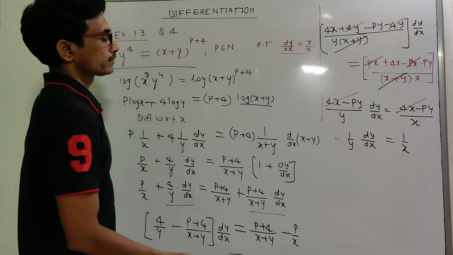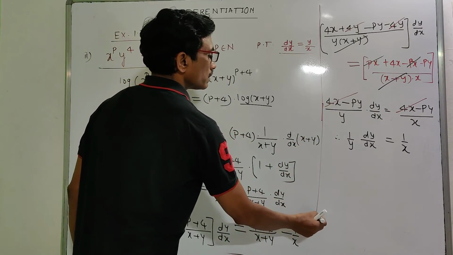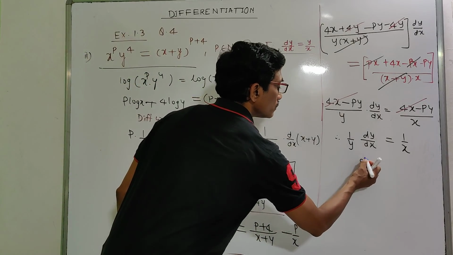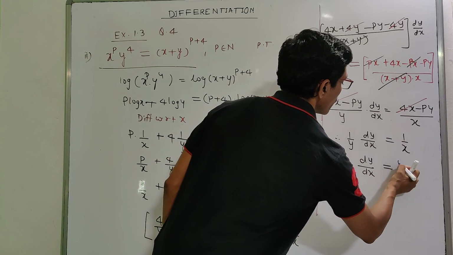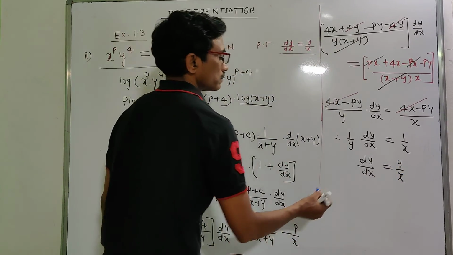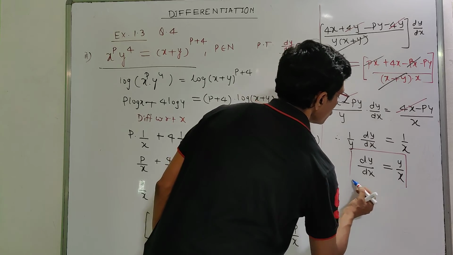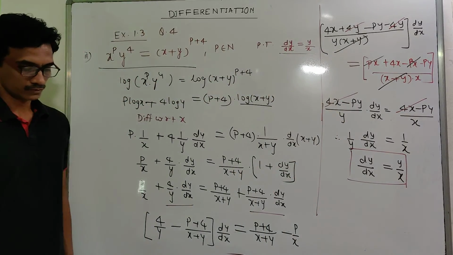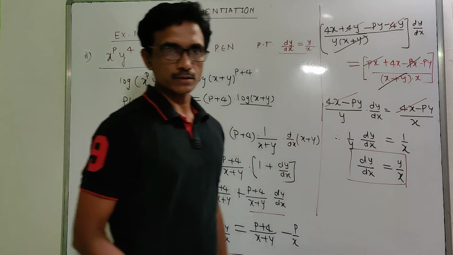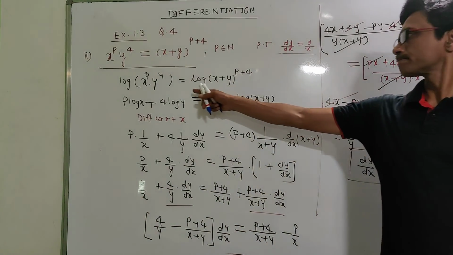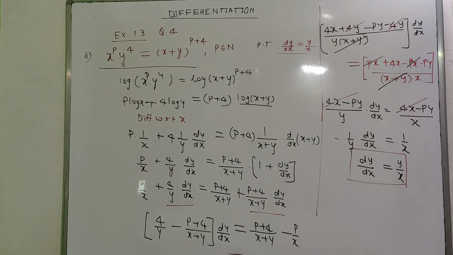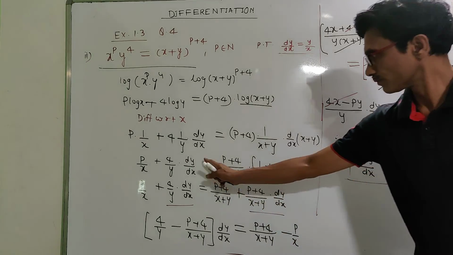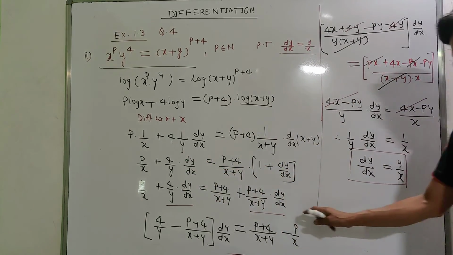So we can write dy by dx is equal to y upon x, which is required to prove. Thus dy by dx is y upon x. Taking log of both sides, simplify, then differentiating with respect to x, collect the dy by dx term.